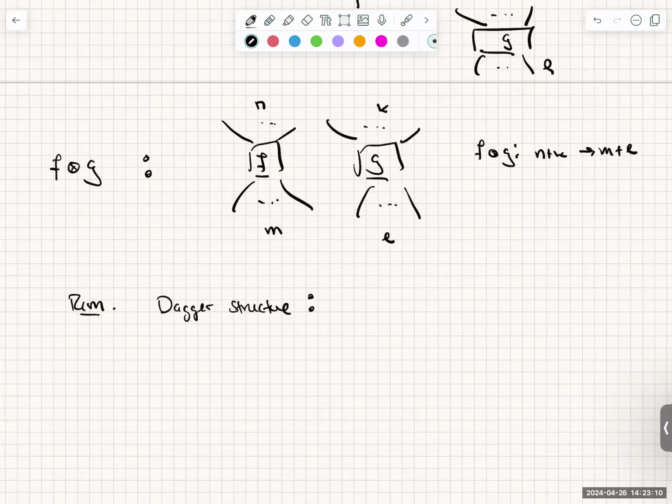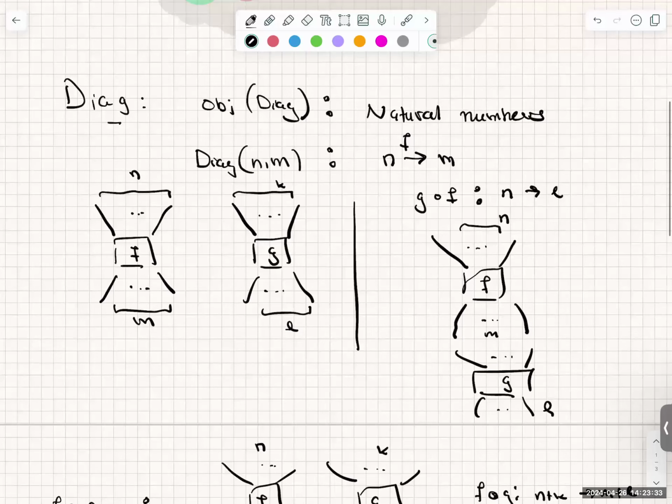Also in DAG, the objects are natural numbers, fine. They represent inputs or outputs, depending on whether it's source or target. The morphisms, I don't think you wrote anywhere what a morphism is. Are they just graphs?